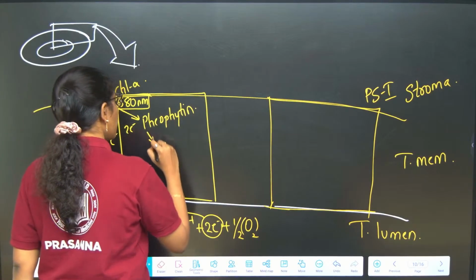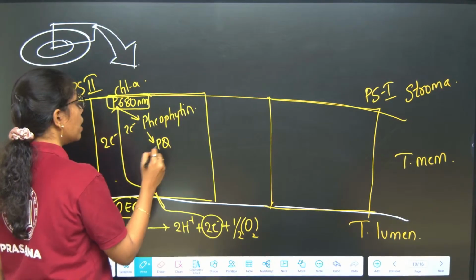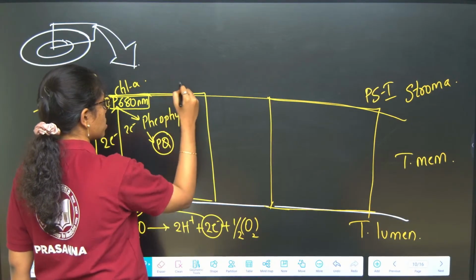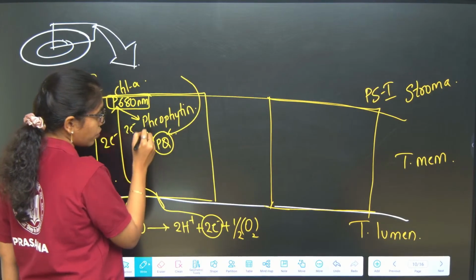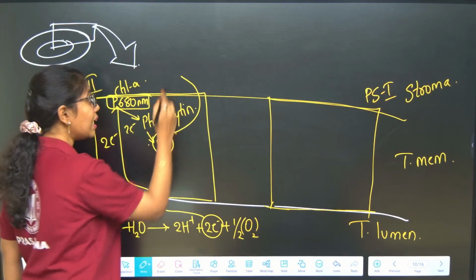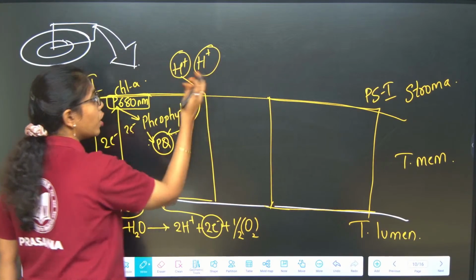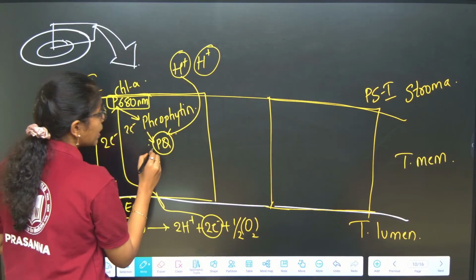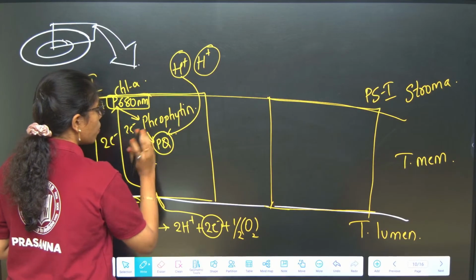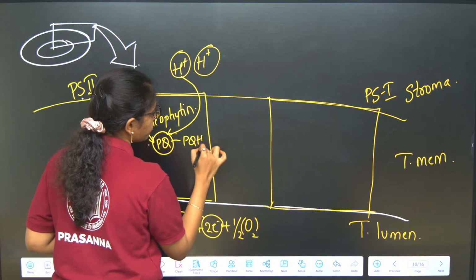Next is what? Plastoquinone. This plastoquinone will be taking the electrons, as it is taking the electrons from the pheophytin, it parallelly accepts protons from the stroma. Remember that. Protons are taken from the stroma and parallelly it is taking the electrons. That is why it will be converted to plastohydroquinone, that is PQH2.